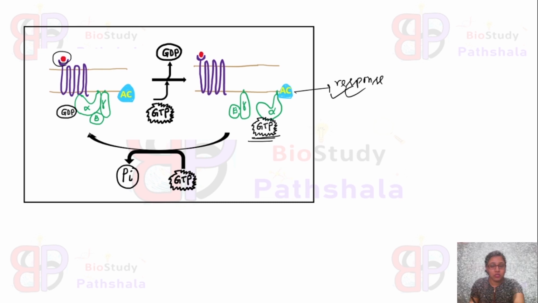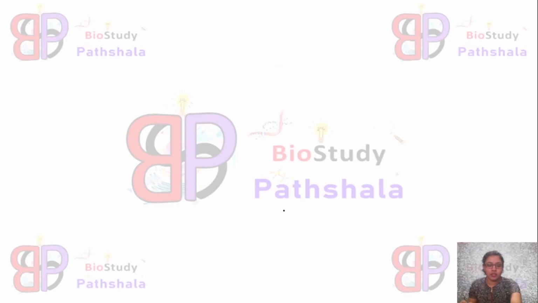Now this GDP bound state again becomes inactivated and reassociates with the beta and gamma subunits, and again this pathway becomes inactivated. So this is how the GPCR system works, and I hope this brief session on the GPCR will help you a lot.